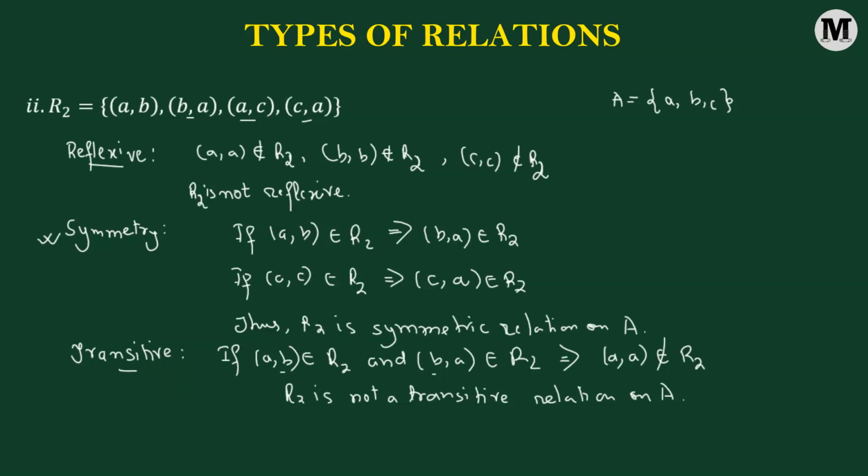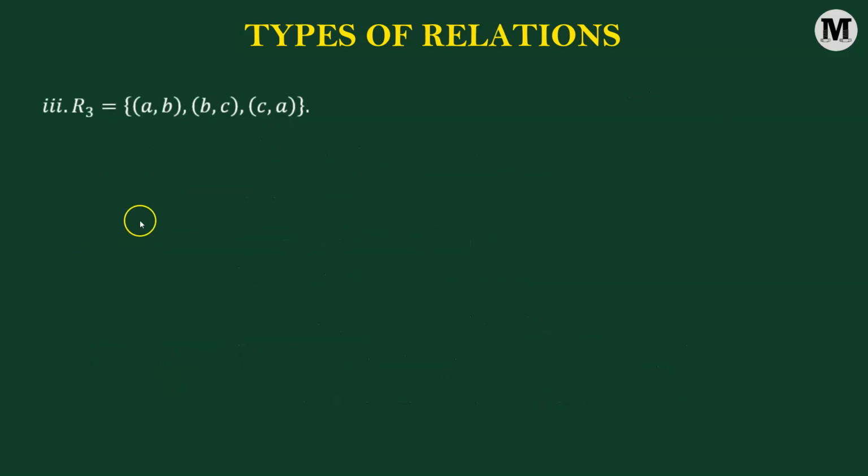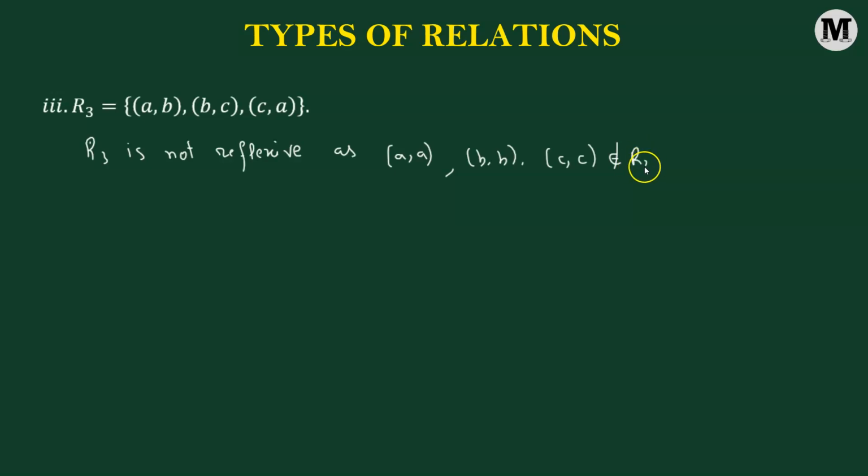Now we go to the third relation. Coming to the third relation, we have three ordered pairs A comma B, B comma C and C comma A. Is it reflexive? From first glance, we can say that R3 is not reflexive, as the three ordered pairs A comma A, B comma B and C comma C do not belong to the relation R3. That's why it is not reflexive.